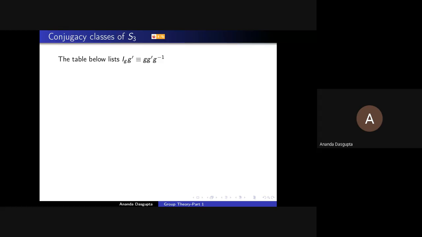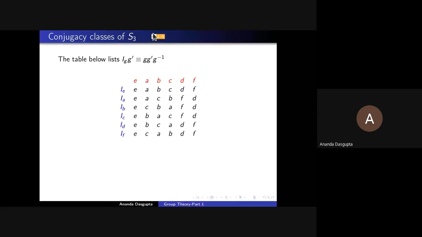So here what I've done is I've just taken our example of the set of all symmetries of an equilateral triangle, which remember we are calling S3, because we saw that there is no difference between that group and the group of permutations of three objects. So we are just giving it the standard name S3, just for brevity.